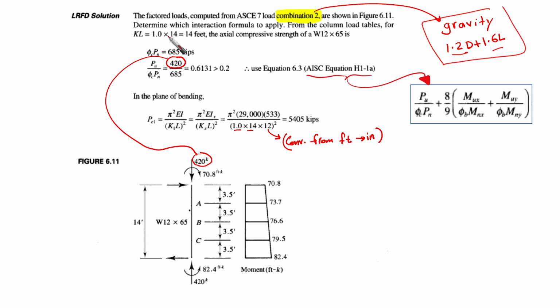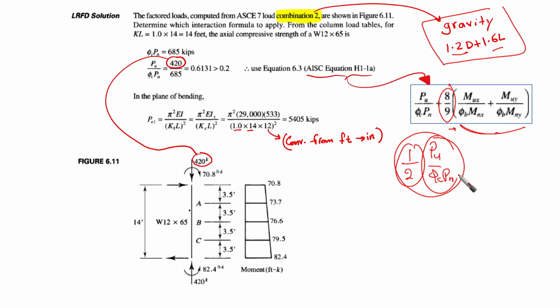Okay. Determine which interaction formula to apply, because we have two different interaction formulas. Do you remember? We have one with 8/9 multiplied by the moment term, and there is another one which is half multiplied by the axial part, and then the moment part is okay as it is. So we need to know which interaction equation we should use.